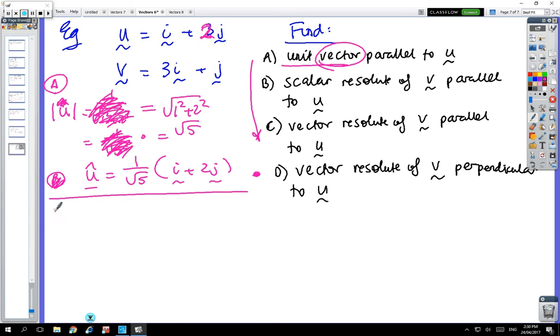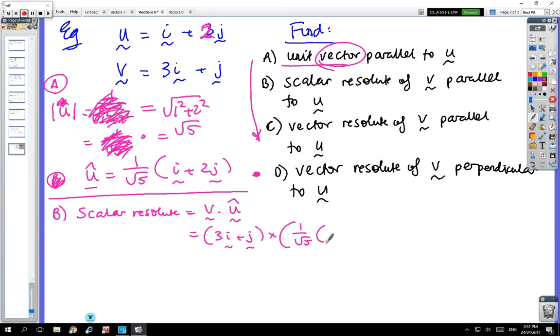Okay, part B. The scalar resolute will be v dot u hat. So it's going to be 3i plus j multiplied by 1 over root 5 of i plus 2j.